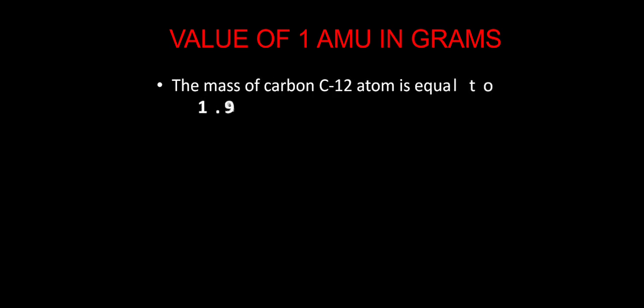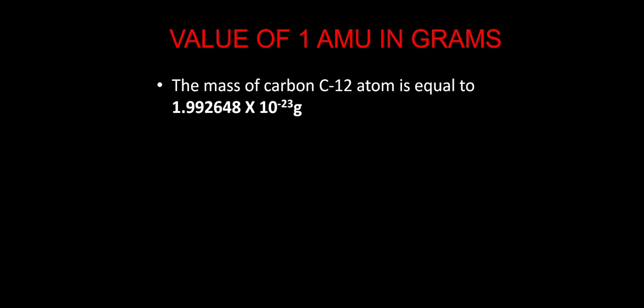Now, when we say 1 AMU, we are saying it is equal to 1/12 of the mass of the carbon-12 isotope. The question is, what is the actual value of 1 AMU in grams, which is a very common unit for us to calculate mass? To express 1 AMU in grams, we need to know the actual weight of carbon-12. The mass of carbon-12 is 1.992648 × 10^-23 gram. It is very, very small.